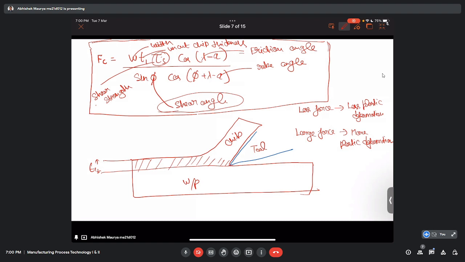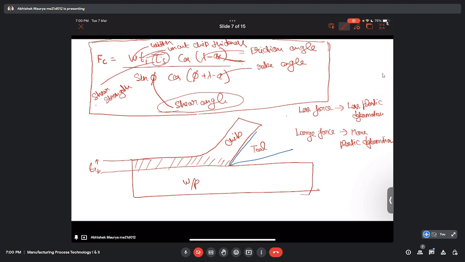So the only thing which we can control is alpha, the tool geometry, and the uncut chip thickness. So cutting force depends on the rake angle which we give and the uncut chip thickness which we provide. If we are applying less force to cut the material, it means less plastic deformation is taking place. And if we are applying large force, it means we are doing more plastic deformation.